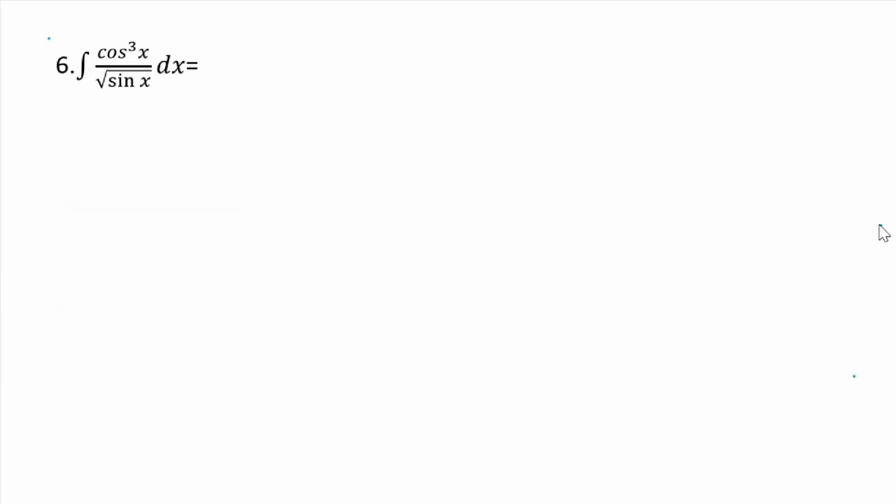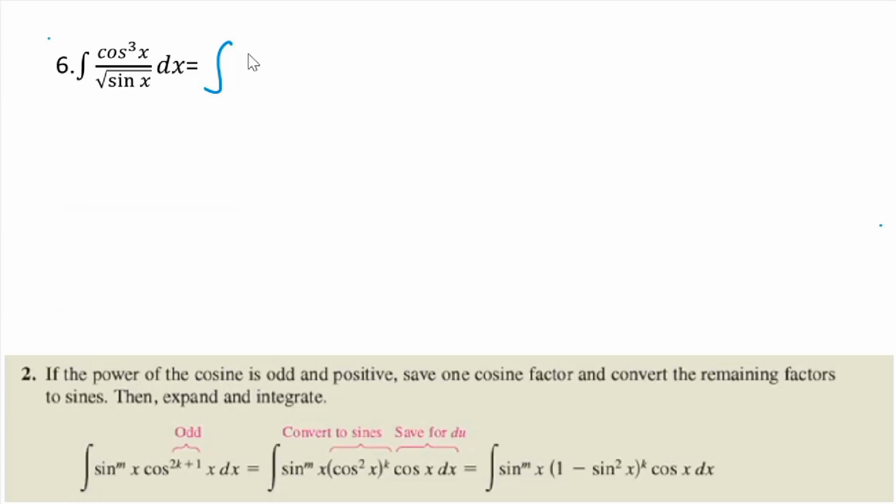In number 6, the integral of cosine cube x over the square root of sine x dx, we can rewrite that one as cosine squared x times cosine x all over the square root of sine x dx.